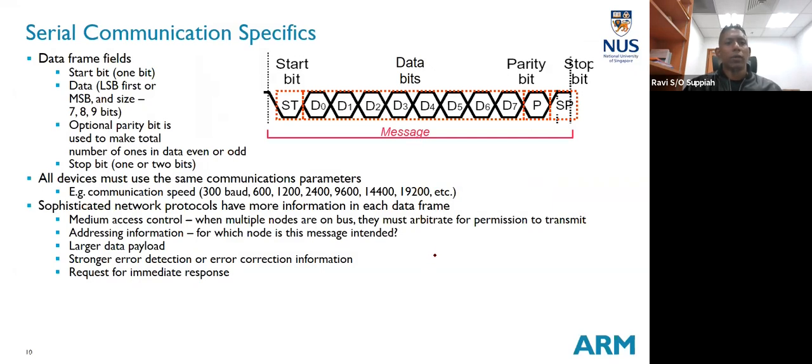Okay, so in terms of data frame for serial communication, most controllers have a few variations. Okay, some can transmit LSB first or MS bit first. Okay, and which configuration you choose.